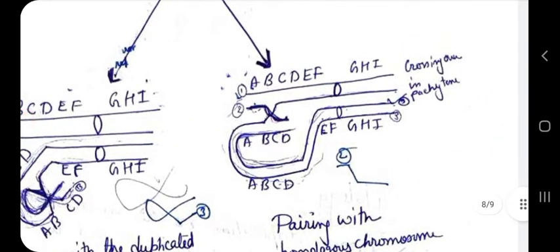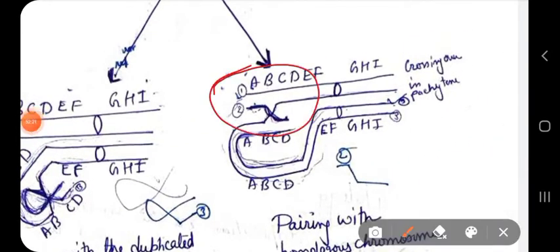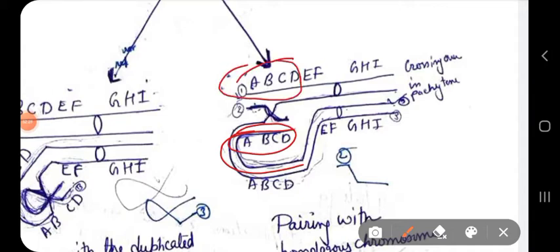The second feature that can occur is this: by folding back on itself, this extra chromosome fragment pairs with its corresponding segment of the homologous chromosome.